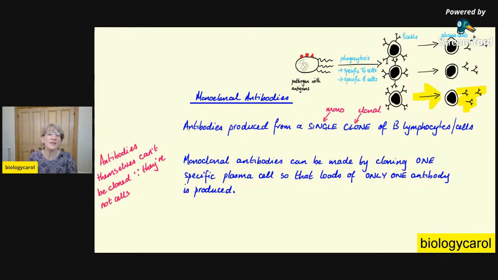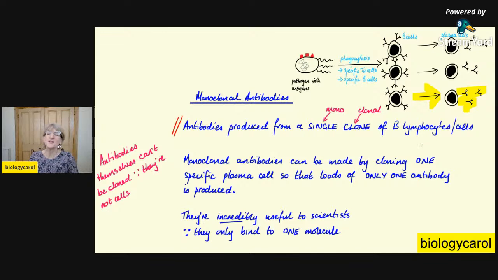So hopefully that makes sense as to why this definition is the way it is, and why it is precise in talking about monoclonal antibodies being produced from a single clone of B cells. Cells can clone. So once we have got these monoclonal antibodies, they are incredibly useful to scientists because they only bind to one thing.